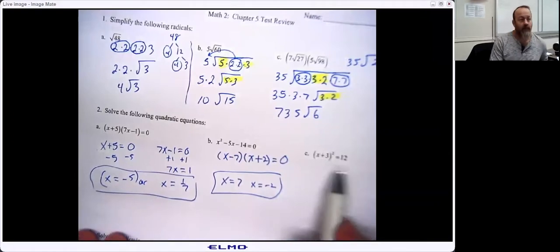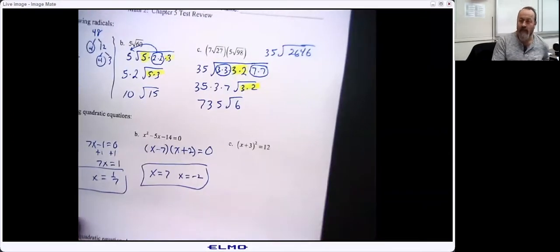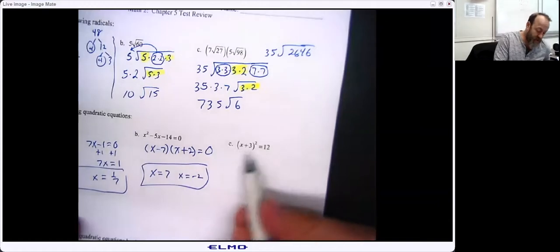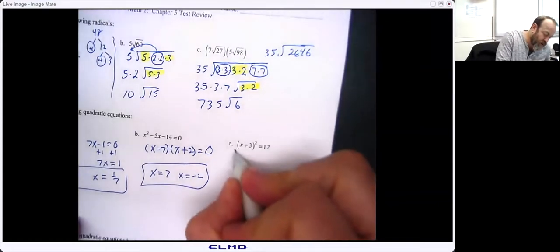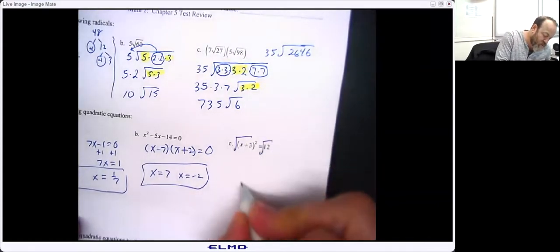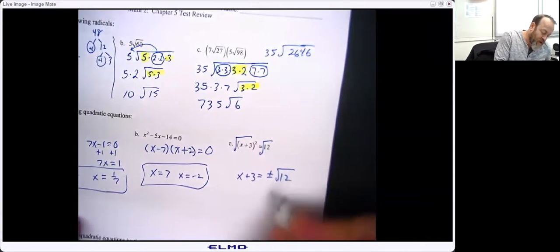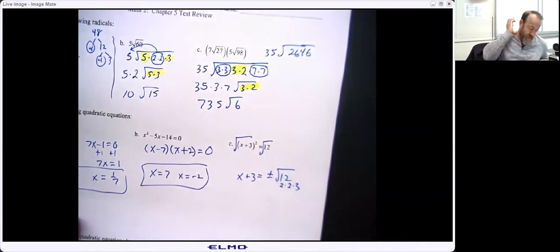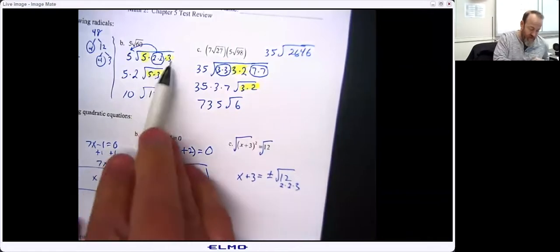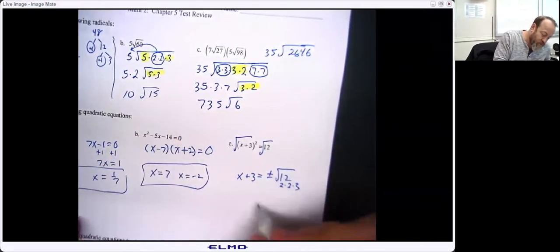Now, of course, this one is set ready to go for this idea of solving by roots. This is a perfect square. So if I were to choose to take the square root of both sides, I would just have plus or minus root 12 over here. And we should, of course, break up 12. And we've seen that one earlier, I think, up here. There was a 12 in that story. But that's 2 roots of 3.